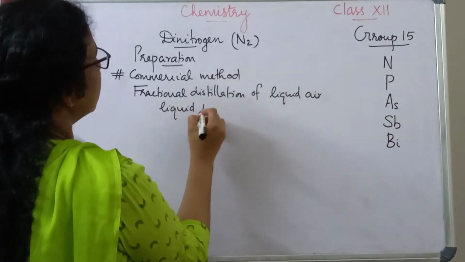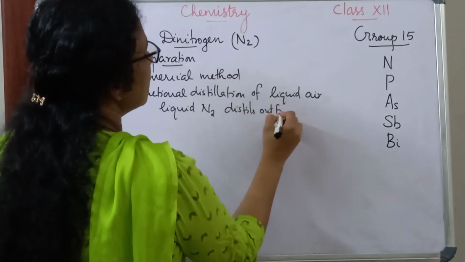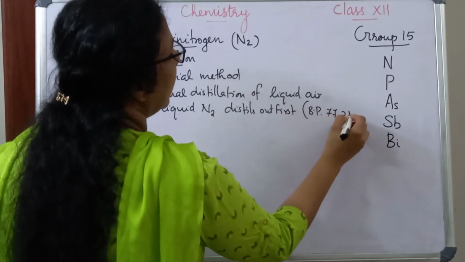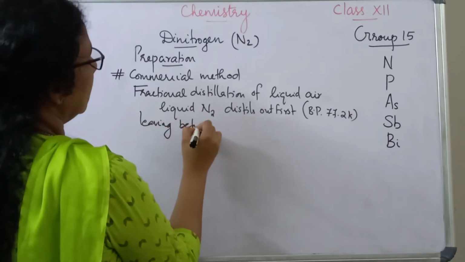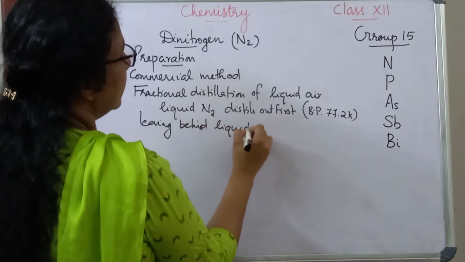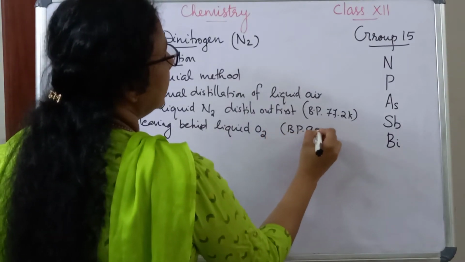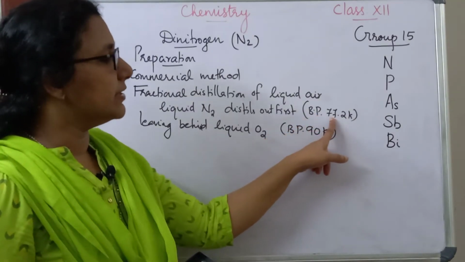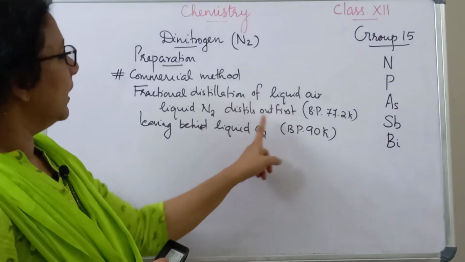Liquid nitrogen distills out first since its boiling point is 77.2 Kelvin, leaving behind liquid oxygen, which is having boiling point 90 Kelvin. So the boiling point of liquid nitrogen, that is 77, is less than the boiling point of liquid oxygen. So it comes out first.